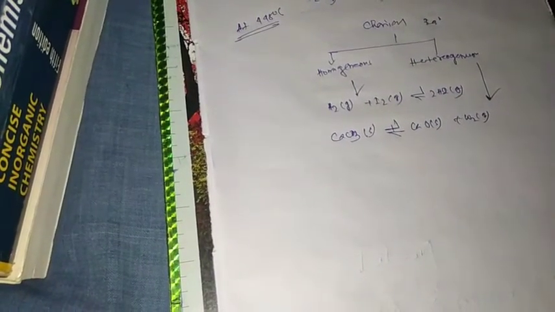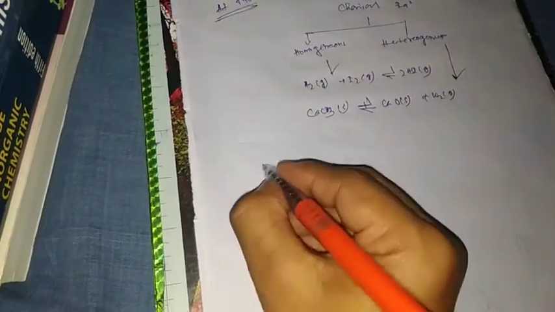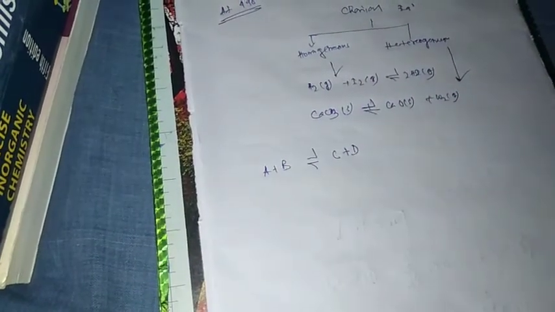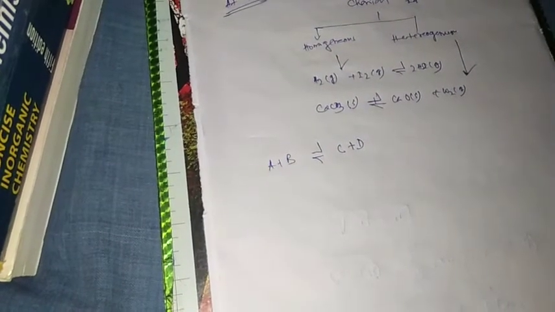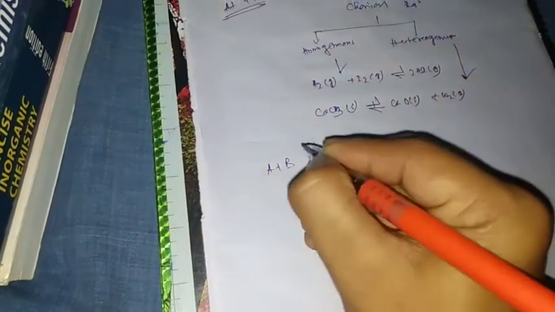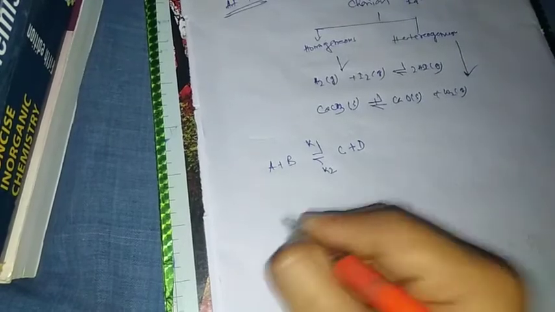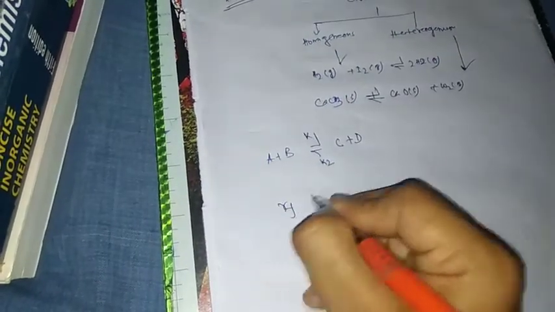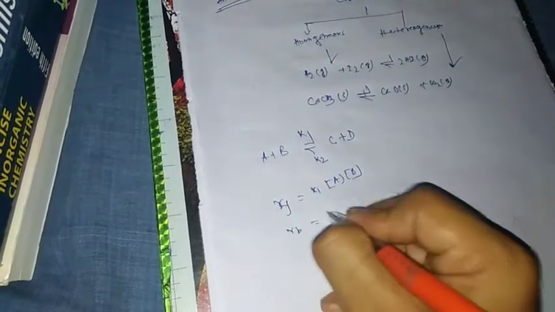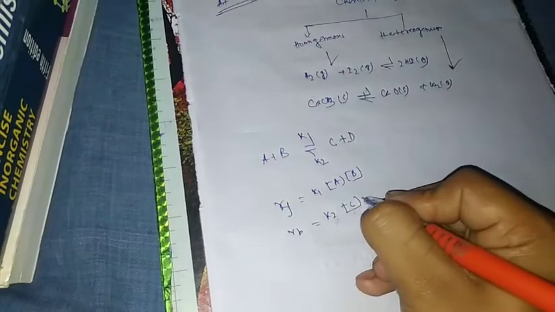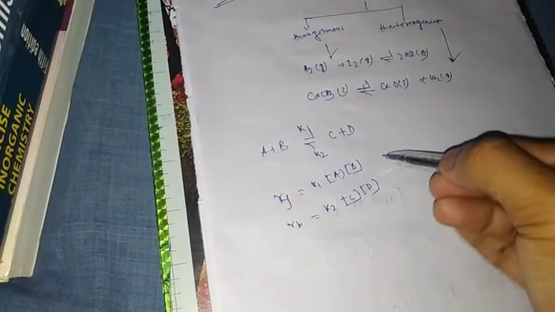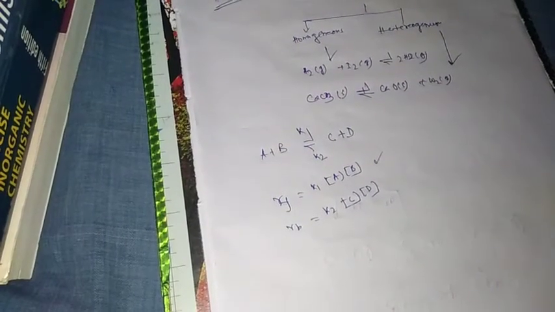And if we consider a reaction A plus B, in this reaction, if we consider the rate constant of the forward reaction as K1 and the rate constant of the backward reaction as K2, then R forward will be K1 times the concentration of A times the concentration of B, and R backward will be K2 times the concentration of C times the concentration of D. This is written by applying the law of mass action.